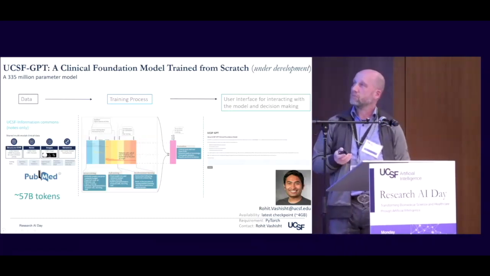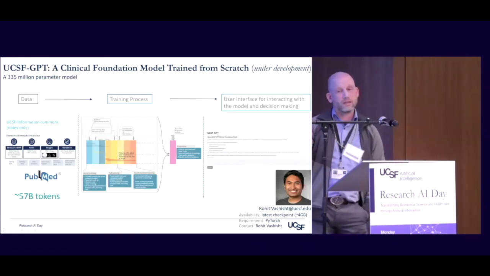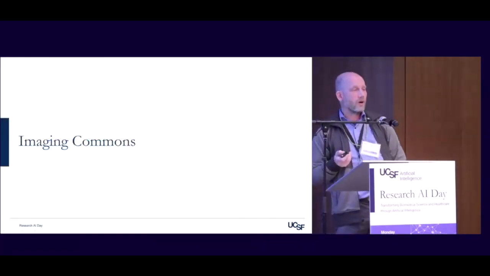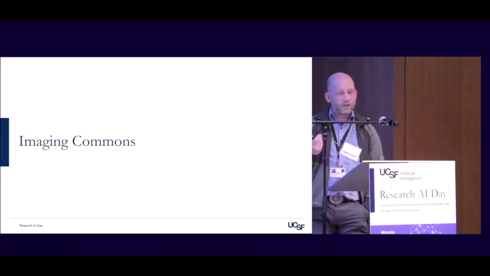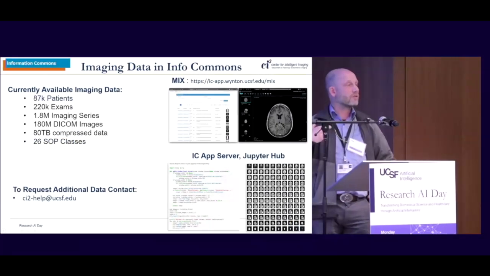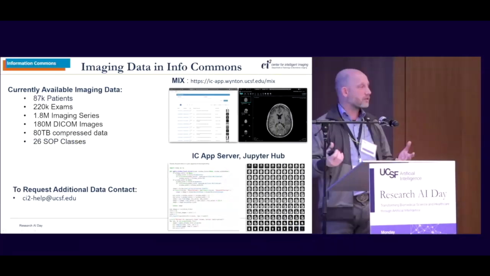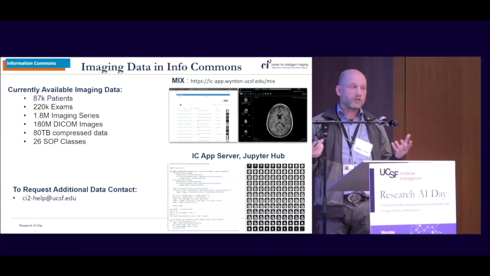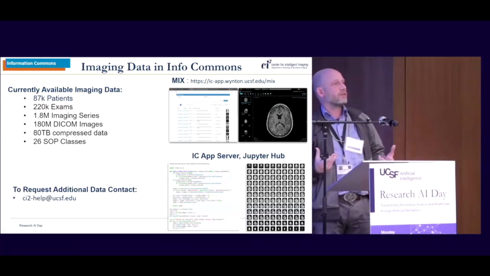And with that, I'll move on to what else we have in Information Commons. It's the Imaging Commons. So radiology images use a de-identification algorithm as well. We've heard earlier today that the PHI may be burned into the images and so on.